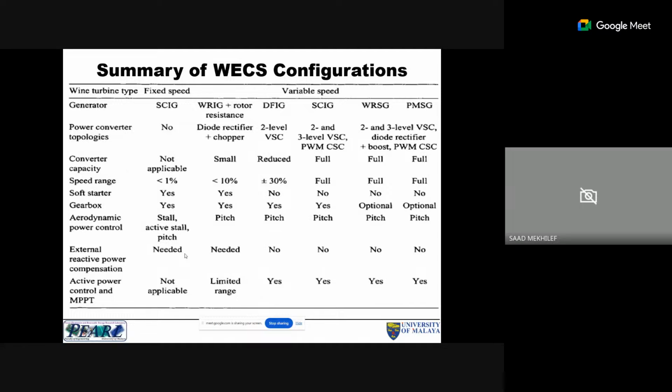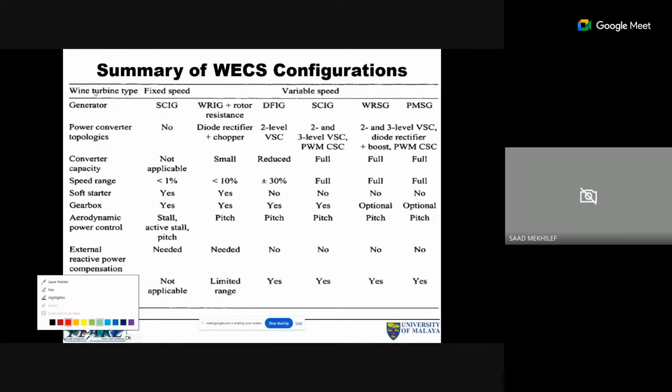Now let's go to the summary of all of those we have seen so far, and then we can see the comparison between all these configurations, and maybe give you some idea on this.